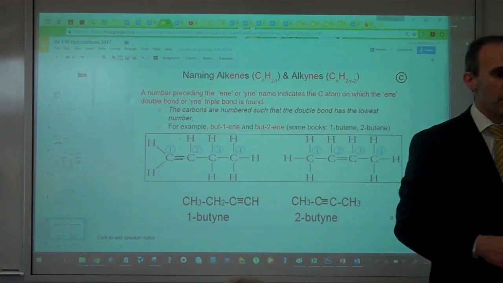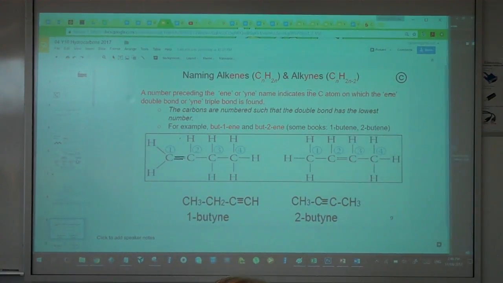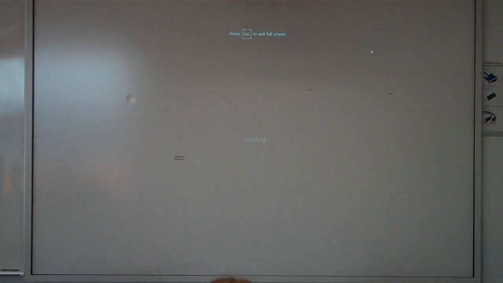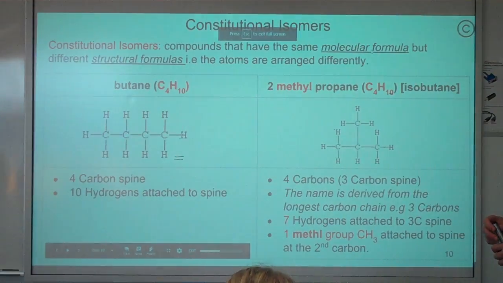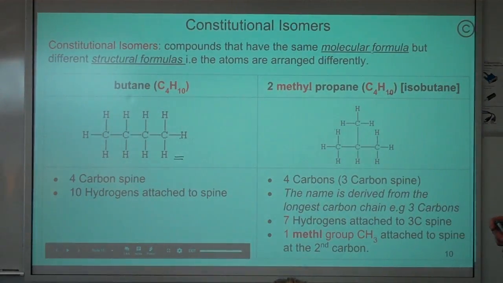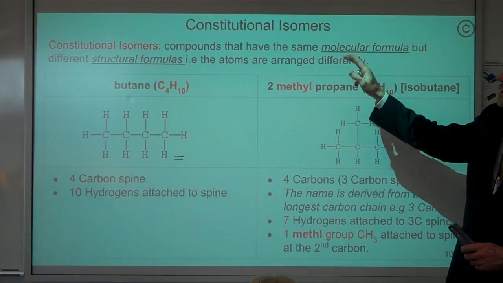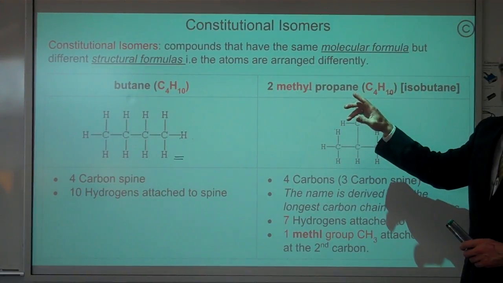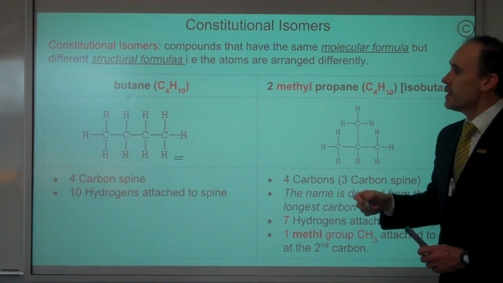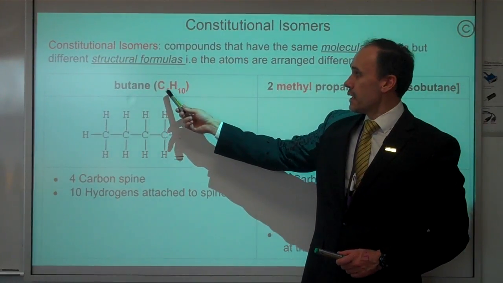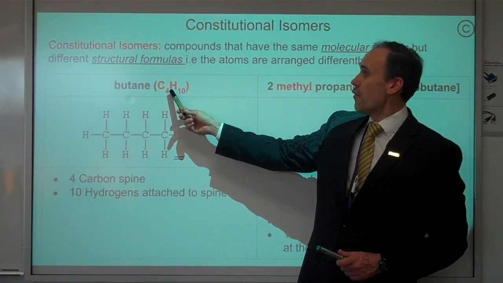And there's one other thing that we'll have a look at now, and that is constitutional isomers. Now, for them, it's a little bit tricky. Compounds that have the same chemical formula or molecular formula, but different structural formulas. So what does that mean? C4H10, butane. How many carbons? 4.